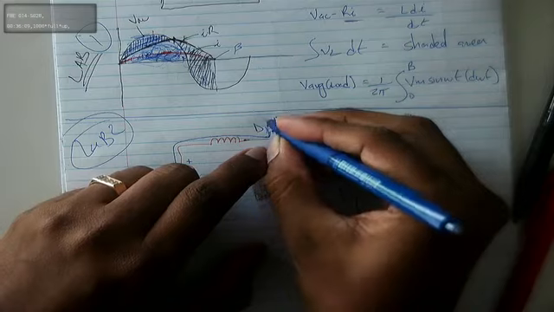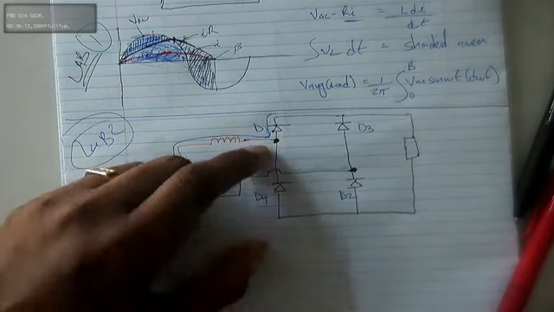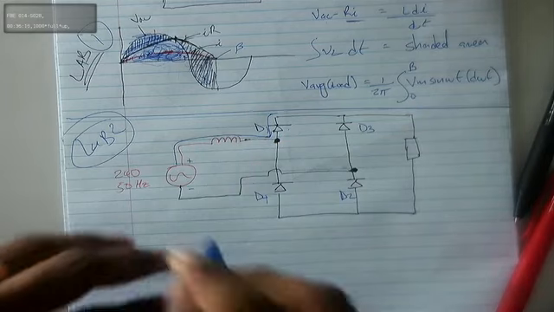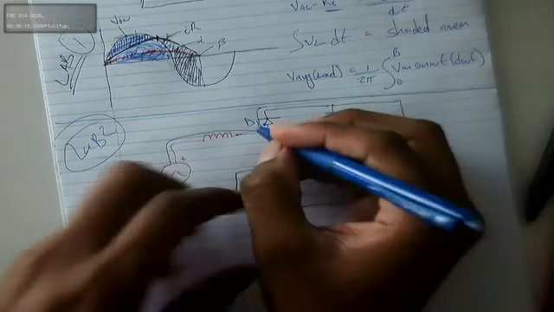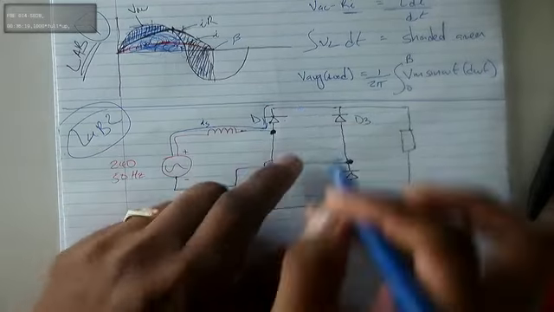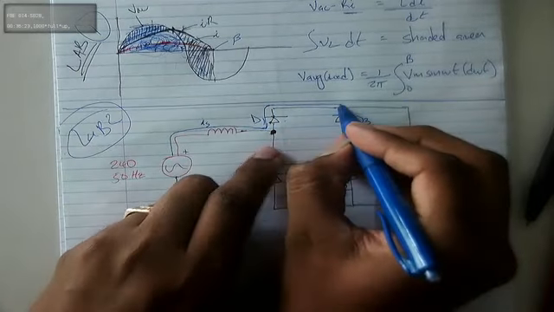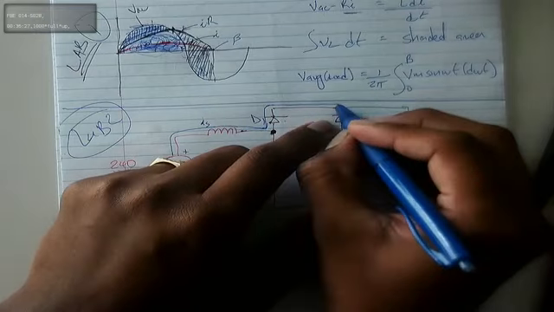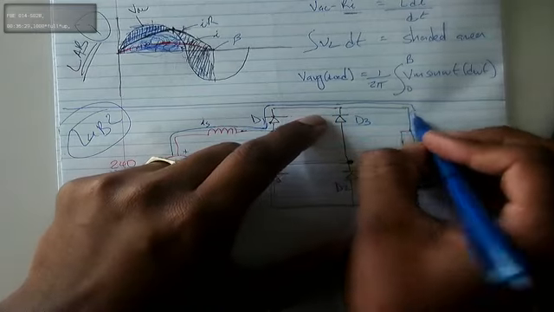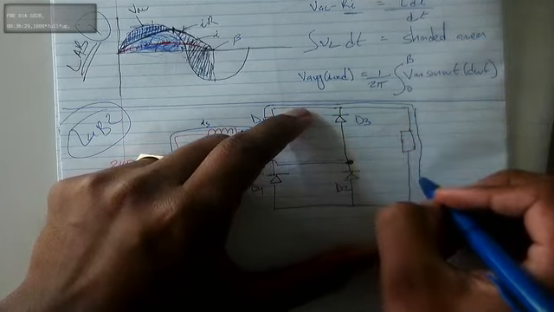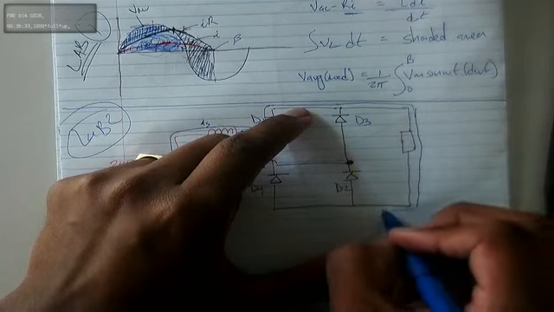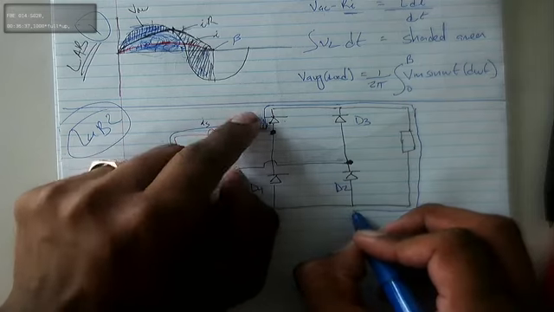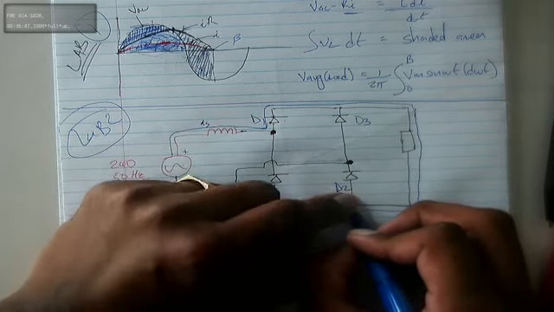So current will come up here. I think it would be better if we first take our current. So this is IS. Current is now flowing. Will current come down here? No. It's going to flow through the load now. Come down to D2. That's why I have numbered it D1 and D2.